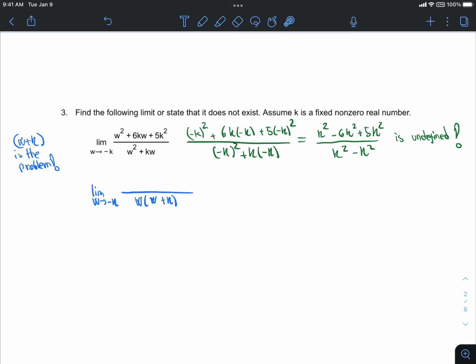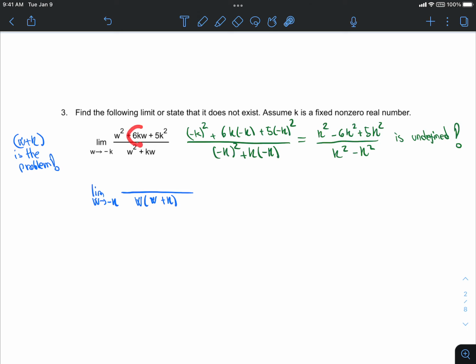And now the other alternative that you'd have would be to look at the top and see, can I factor out a w from the top? And I can't. There's not a w in here, right? So if I could factor a w, I could cancel this out, but that wouldn't help me. So I need to factor this guy out and cancel that. So this is how you do it.